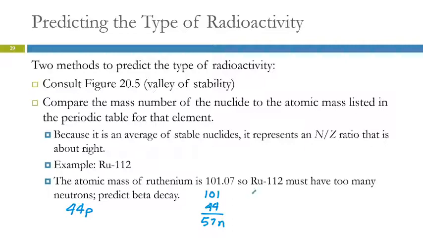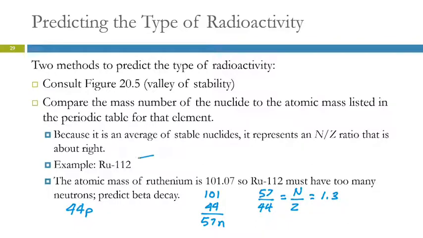And so this is 44 to 57... no, I did that backwards. It's N to Z. It's 57 to 44. So that's about 1.3.